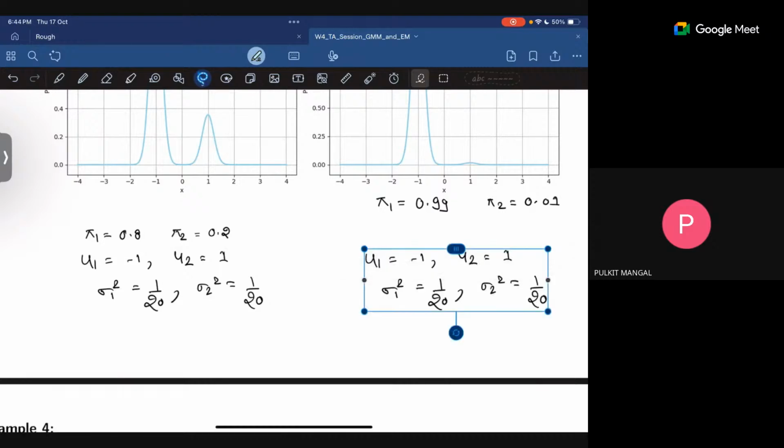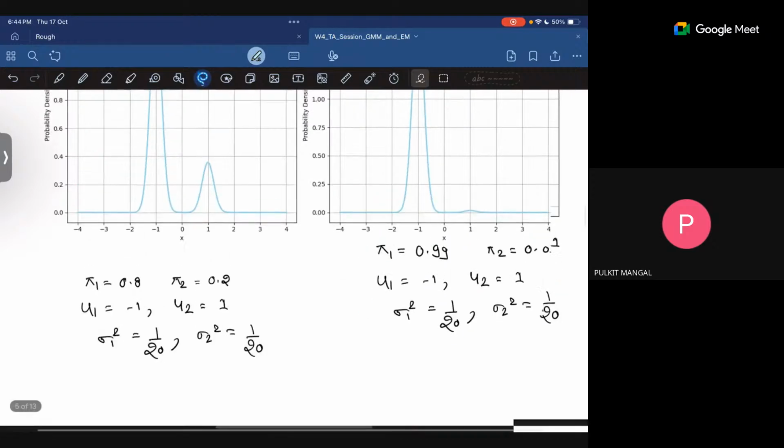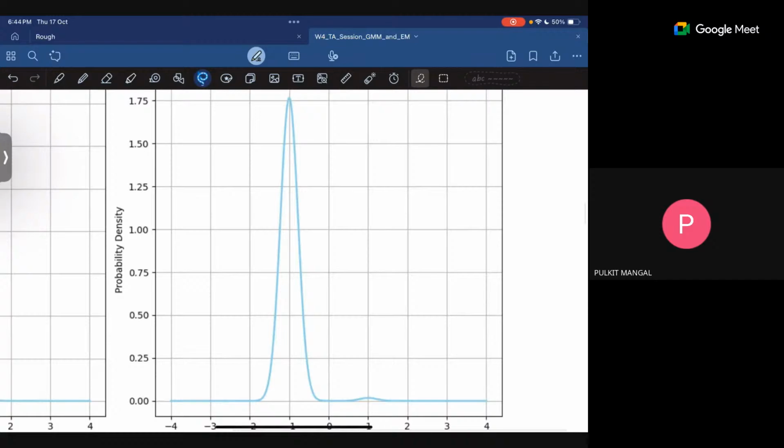Now, what is happening here is that very few data points come from the second component, and there's just one bulk. It almost feels like there's only one component, just your normal distribution instead of the GMM, that is the mixture model.